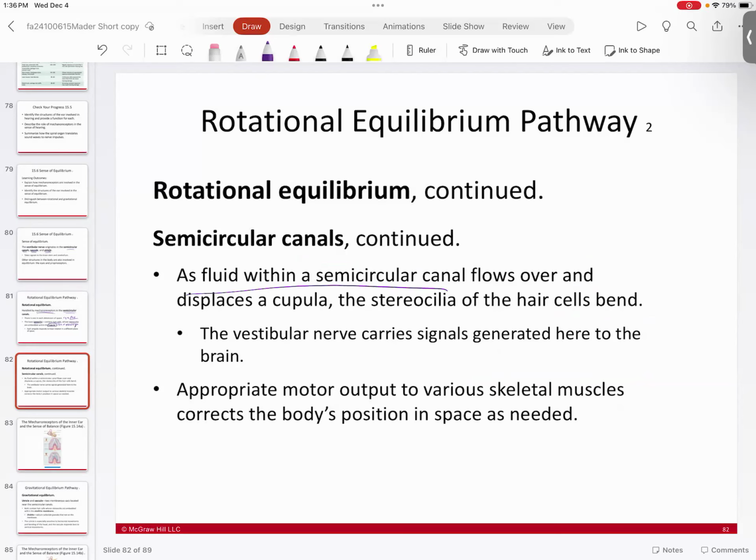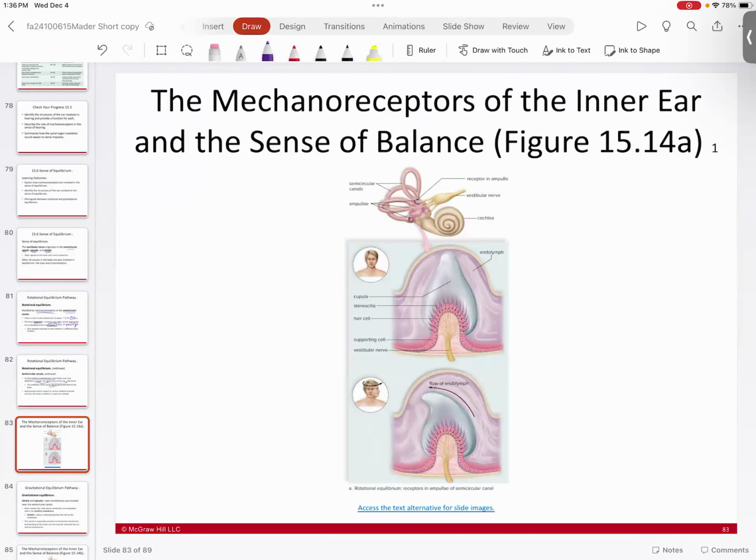As you move, that fluid flows over the cupula, moving it. The cupula then moves the stereocilia. The stereocilial hairs bend, and that generates a signal that goes to the vestibular nerve and to the brain for you to interpret the spatial outputs. So this is how it works.